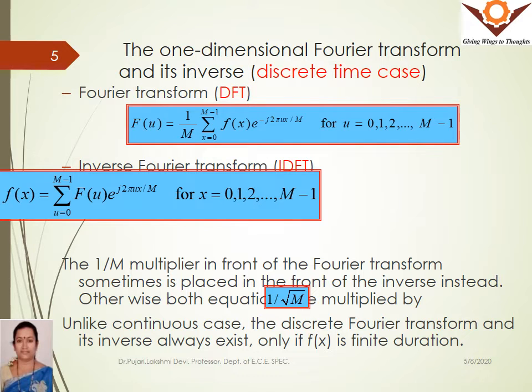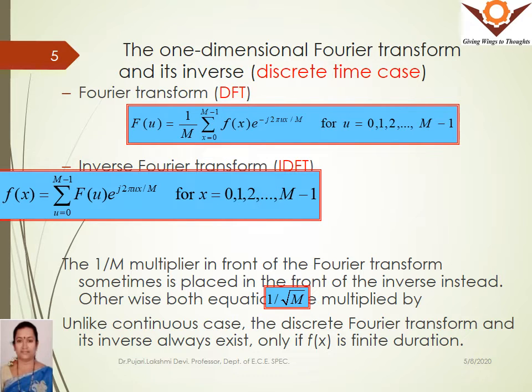Because it is discrete we use summation here, whereas for continuous, in the last equations, we used integrals. So sigma x equals 0 to M minus 1, as the total number of samples is M, so the series extends from 0 to M minus 1, of f of x exponential of minus j 2 pi ux by M. This is the formula for the discrete Fourier transform in the one-dimensional case.